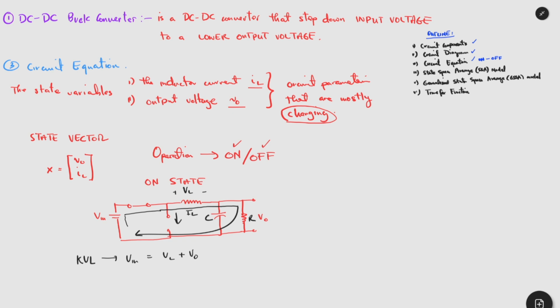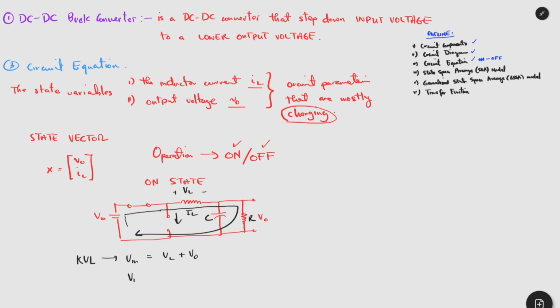Now when you look at VL, the voltage across the inductor, we have IL, the current through the inductor, that is changing. Since it is changing, we take the differential equation of VL, which corresponds to the change in current through the inductor.